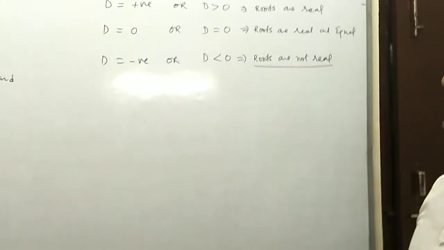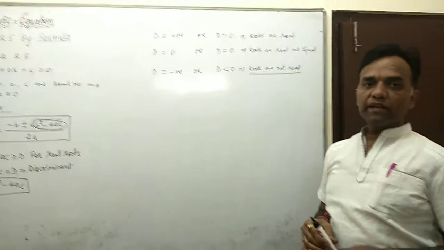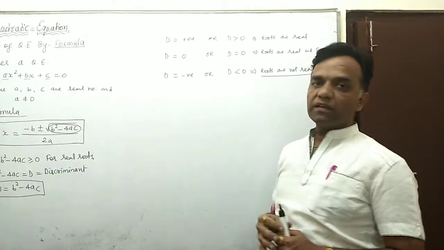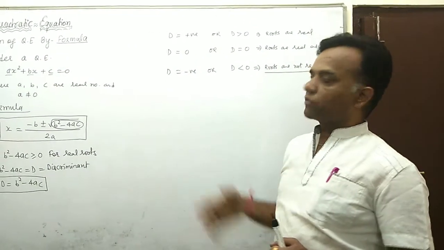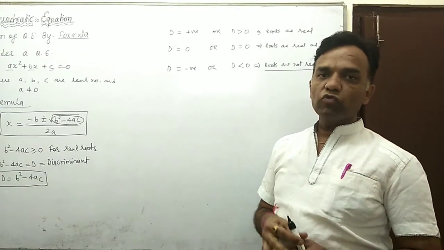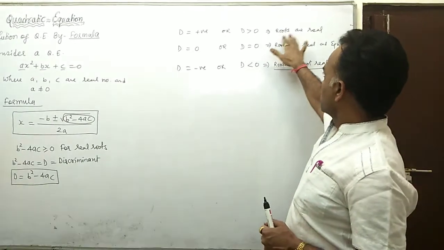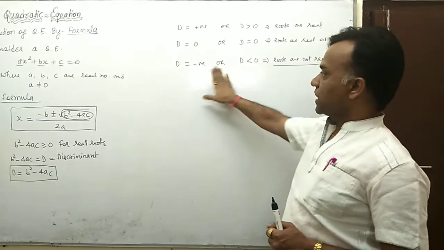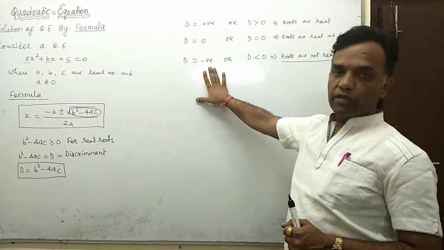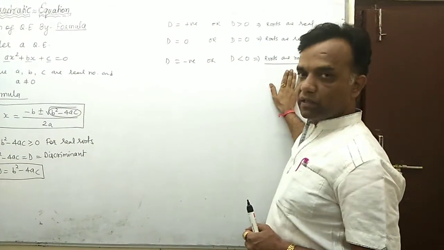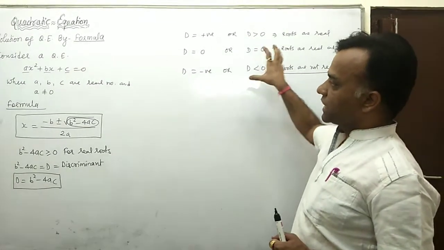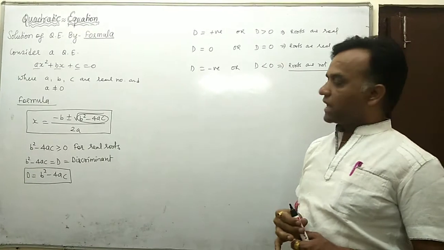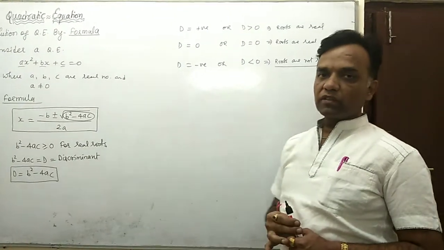For a quadratic equation, you don't put values directly into the formula. First you find the discriminant, and after that decide whether the equation has real roots or not, because only in the case of real roots do you find the values. If D is less than 0, meaning the discriminant is negative, then the roots are not real, so ignore it, because we wrote that a, b, c are real numbers and the solution should also be in real form.